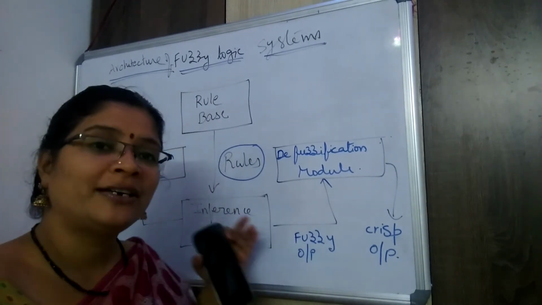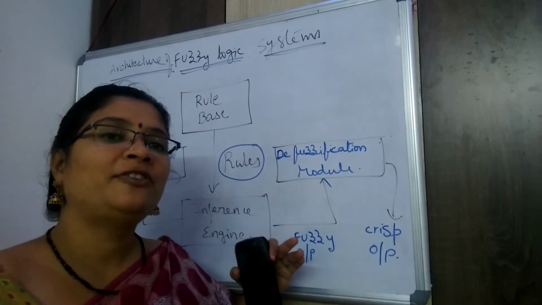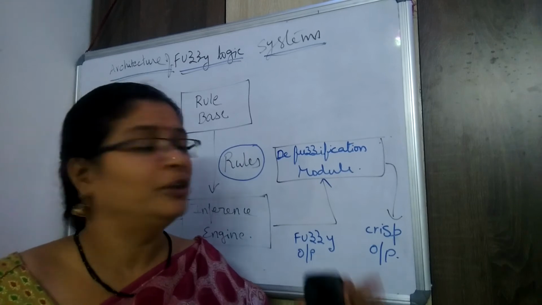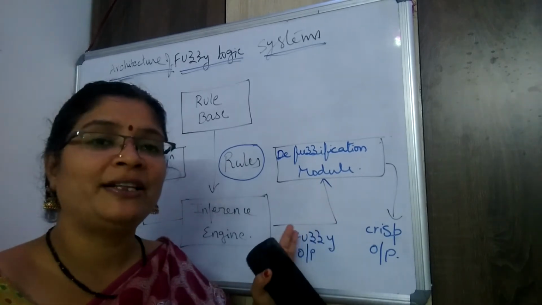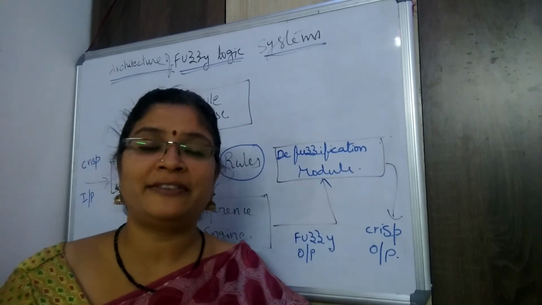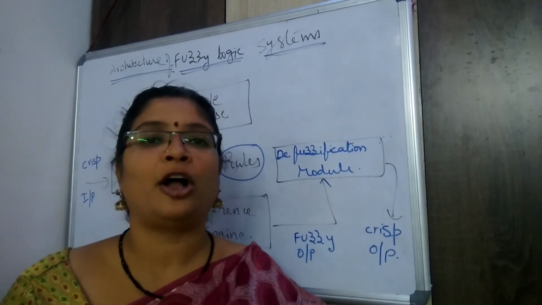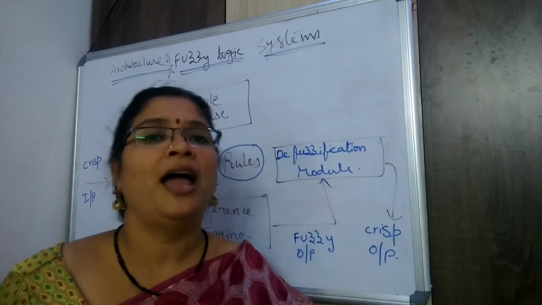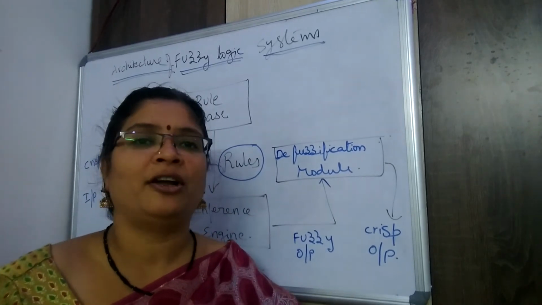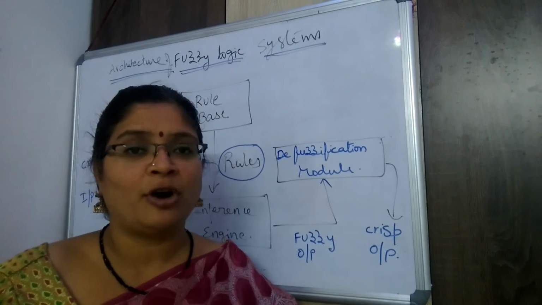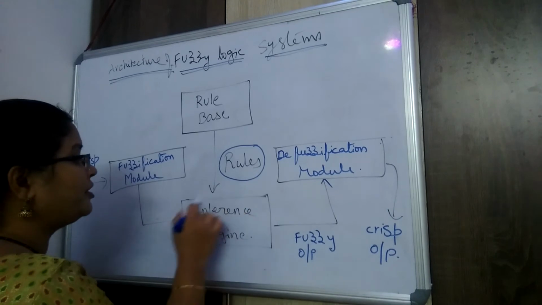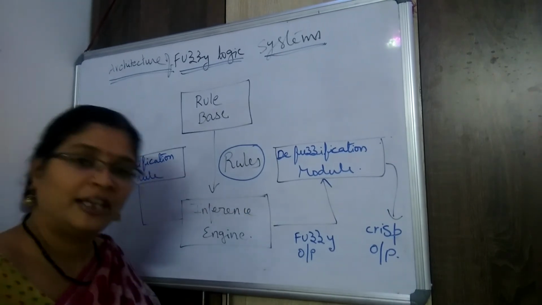If a certain input comes, based on the application of the rules, what kind of output will be transferred to these modules is decided with the help of the inference engine. The inference engine is designed in a way to process all the rules based on the inputs, for getting what kind of inputs and for generating what kind of outputs. That is the activity of this particular inference engine.